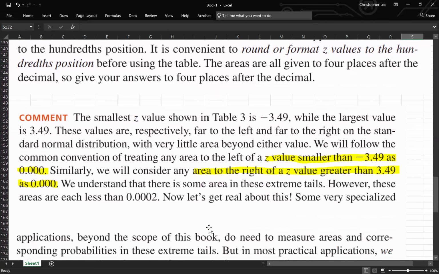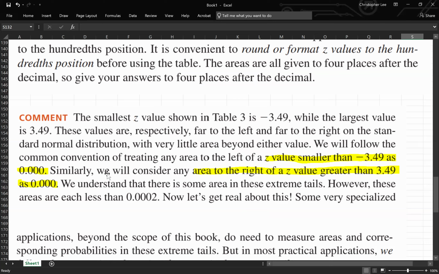Next comment. The smallest Z value shown in the table is negative 3.49, right? While the largest Z value on the table is positive 3.49. These values are, respectively, far to the left and far to the right of the standard normal distribution, with very little area beyond either value.